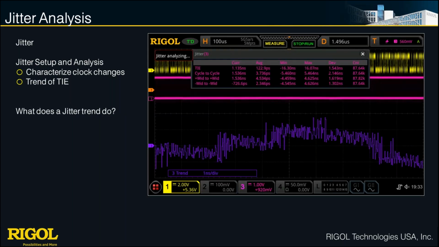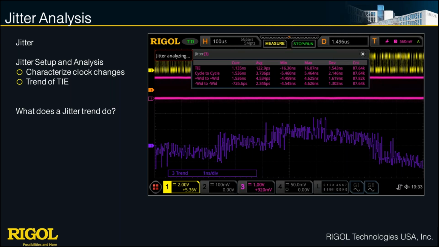One way to evaluate that, we would typically go out further. So we have 1,000 clock sequences or more on the display here. And with all these clock transitions, we're able to calculate long-term averages and deviations for the time interval error, cycle to cycle, and other clock measurements. But we can go further than that too.